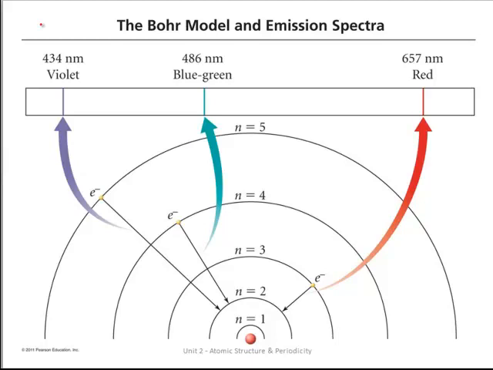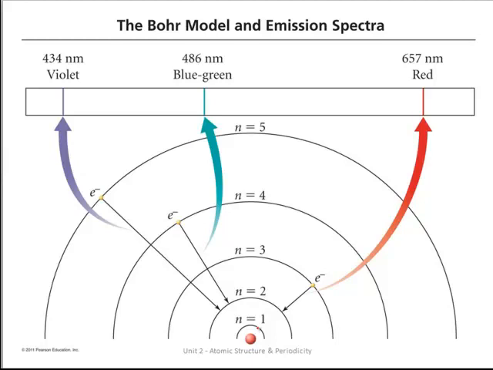He called them orbits, and his proposition was analogous to planetary models: planets orbiting the sun, electrons orbiting the nucleus. As we'll see, it gets a lot more complex than that simplistic model, but this is a good starting point for discussing them.